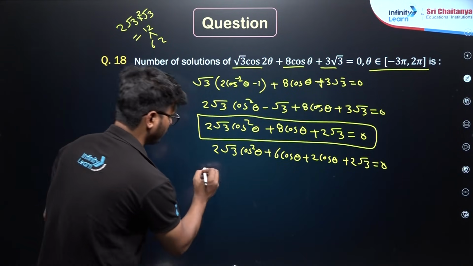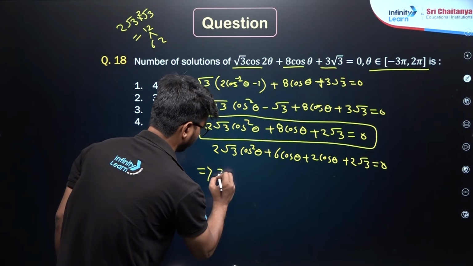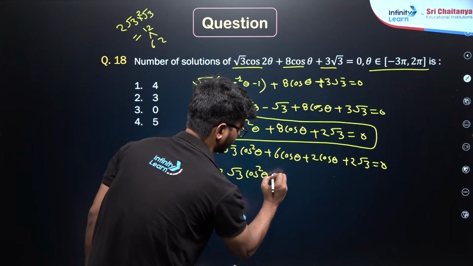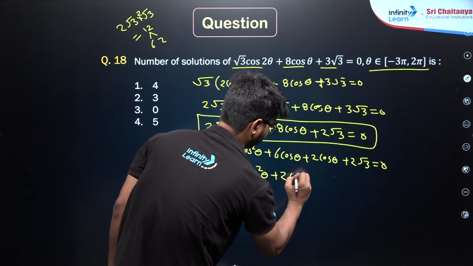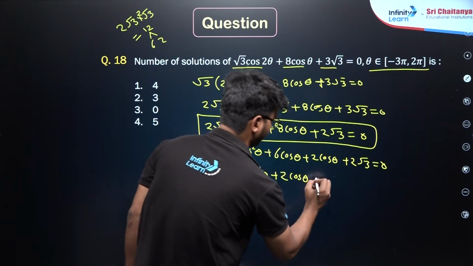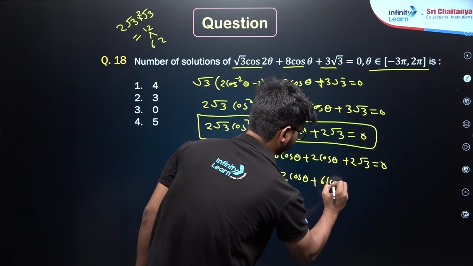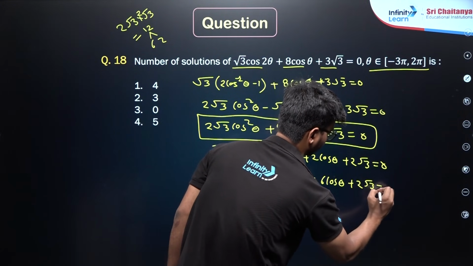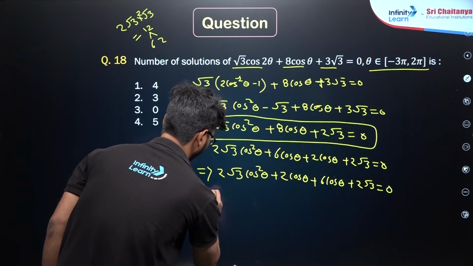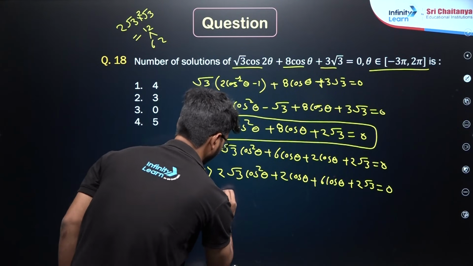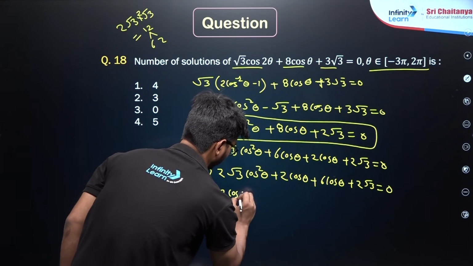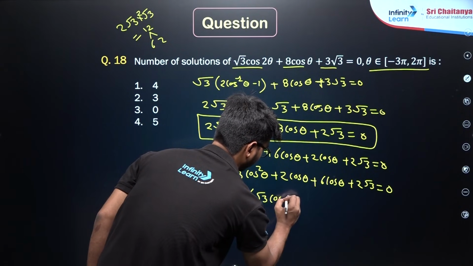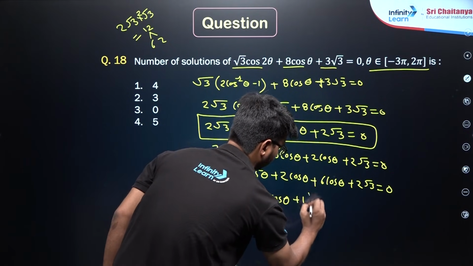Okay. Now further solving, I can just rewrite 2 times of root 3 cos square theta plus 2 cos theta plus 6 cos theta plus 2 root 3 equals to 0. Now from here I am taking 2 cos theta common. So if I take 2 cos theta outside, I am going to get under root 3 times of cos theta plus 1.